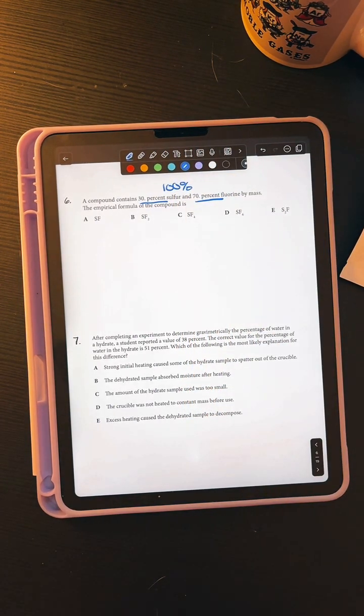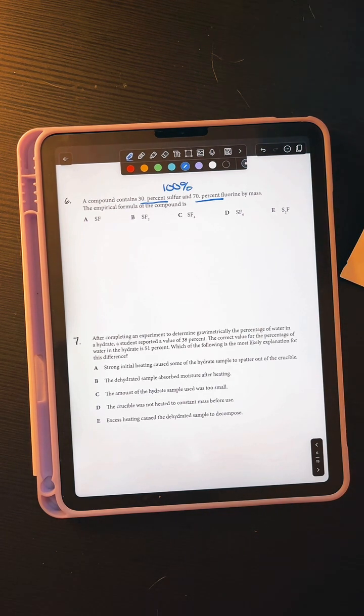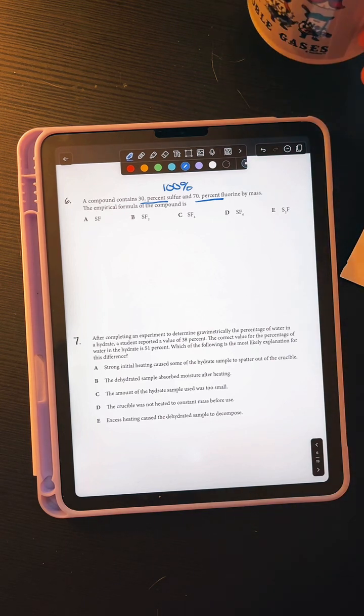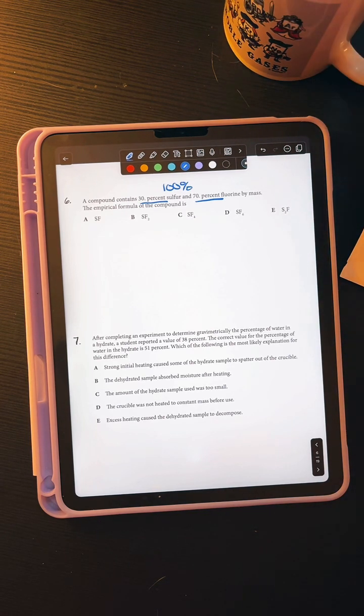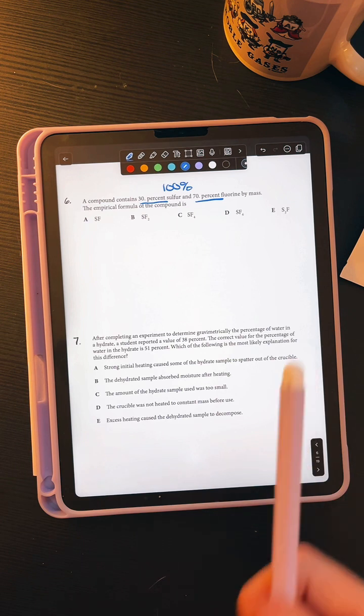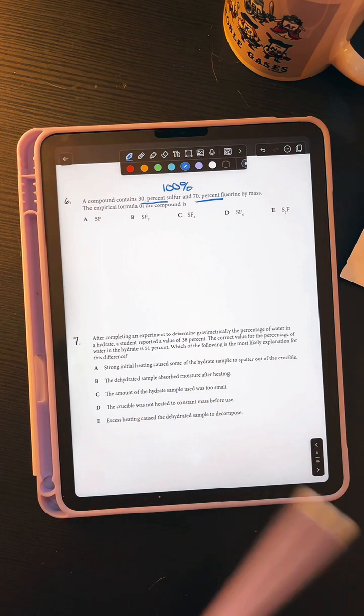So what are we going to do whenever we have a situation like this where we're given mass percentages and they all add up to 100%? Make it moles. We will have to make them into moles, but we have to do something first.